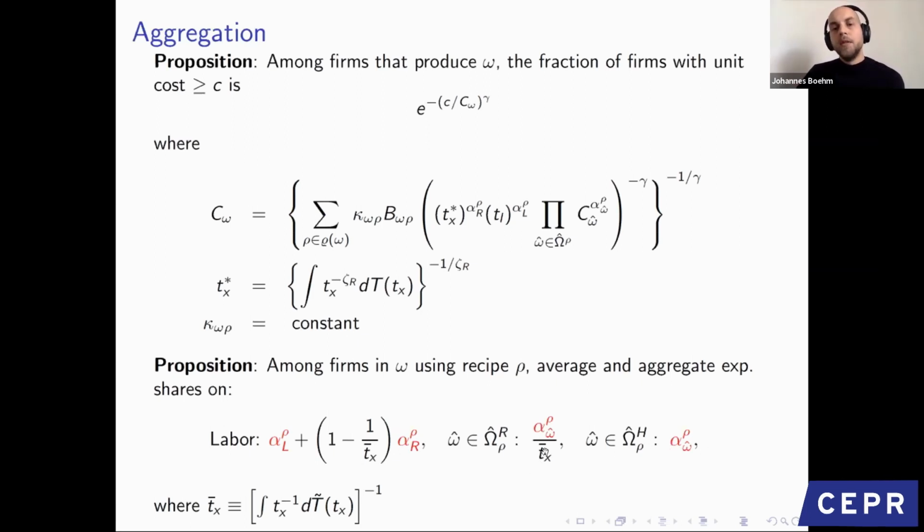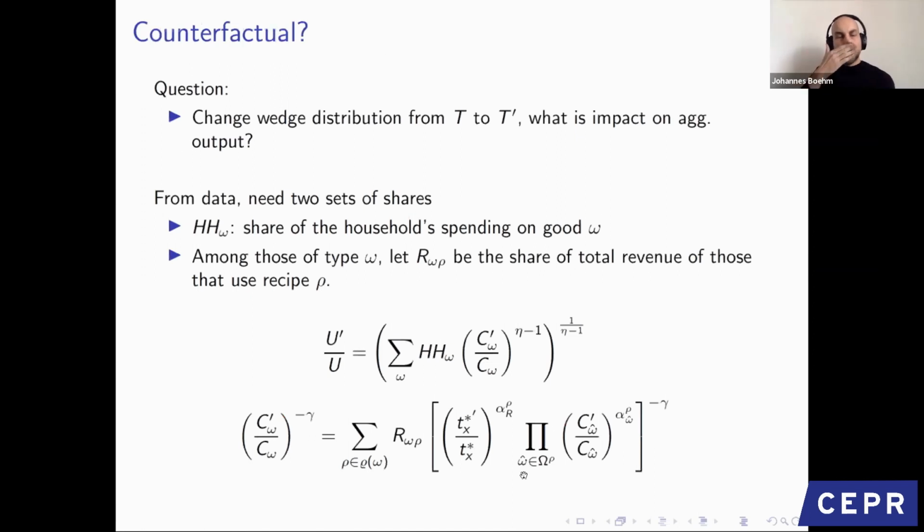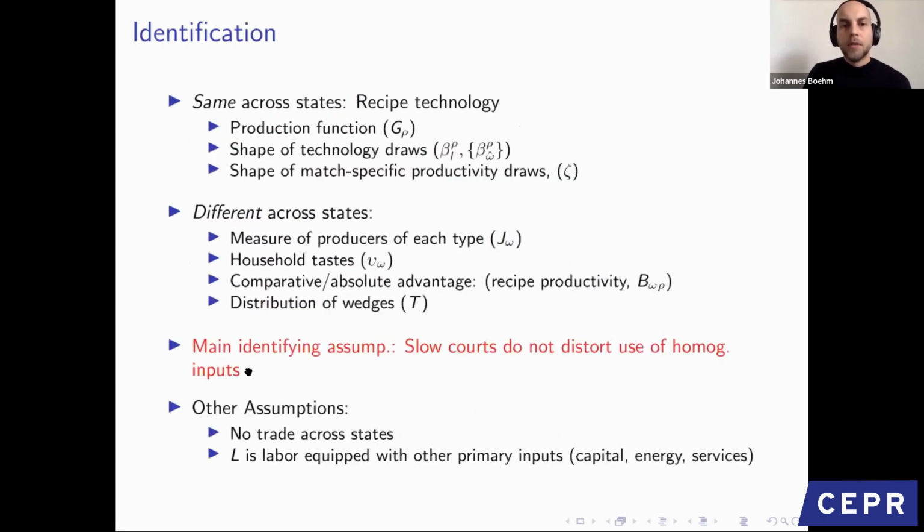But the presence of these distortions is going to shift these cost shares away from the undistorted Cobb-Douglas ones. Okay? And the model gives us exactly the expressions for how these distortions map into these moments of the distribution that are going to be these post-selection distortions. So effectively, we want to do counterfactuals where we eliminate that. You can do a hat algebra or something that is very similar to that for these counterfactuals.